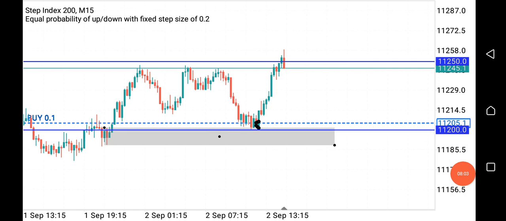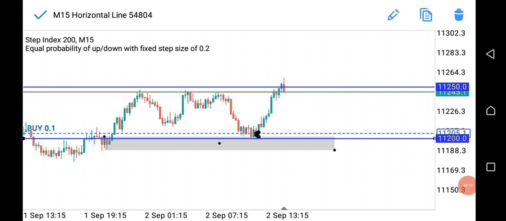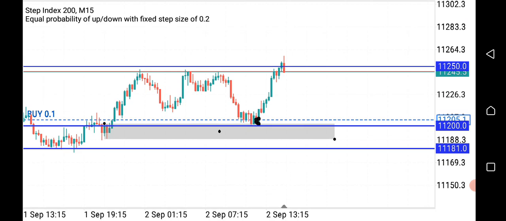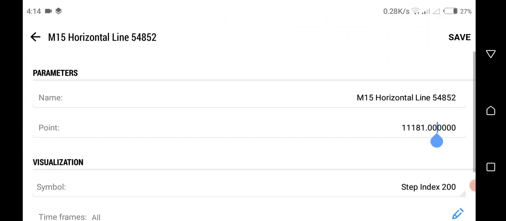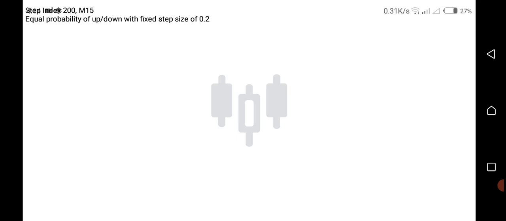So let me add one more, maybe down. Keep looking at these numbers, 250, 200. Then the next one will be what? 150, right? That's below. 150.